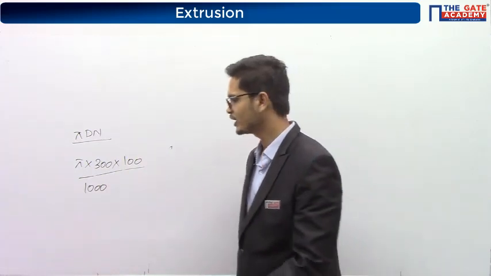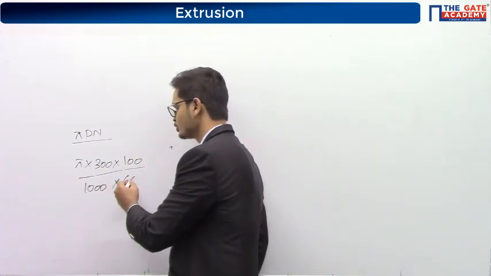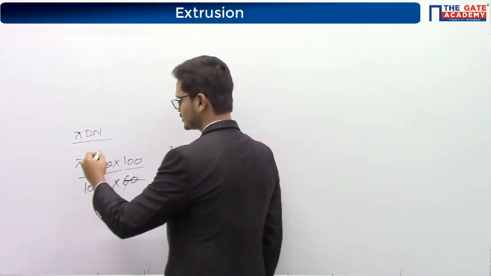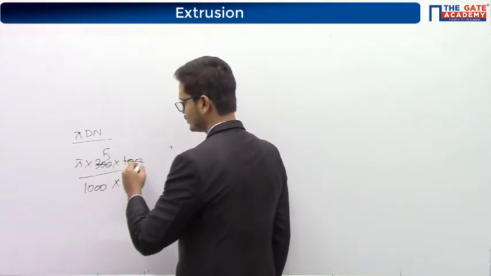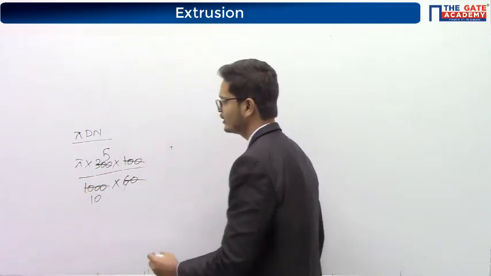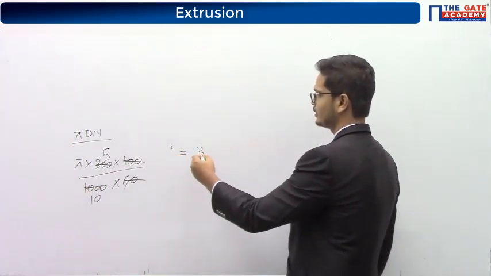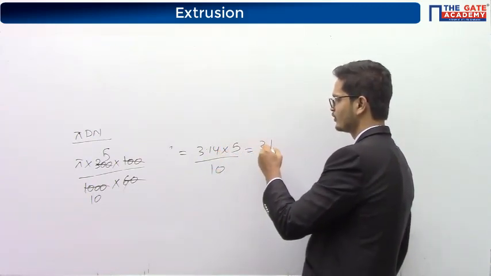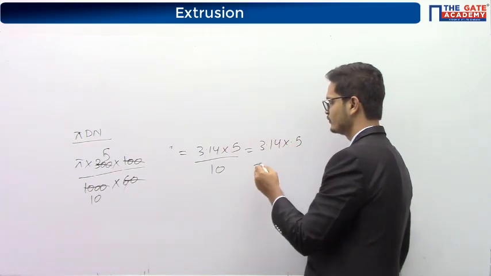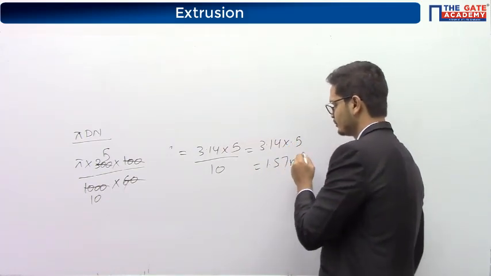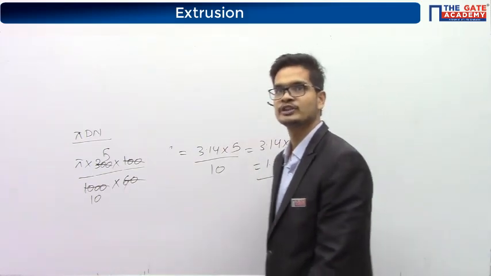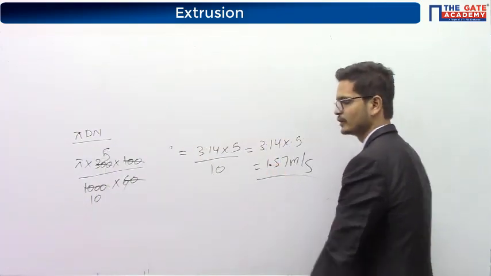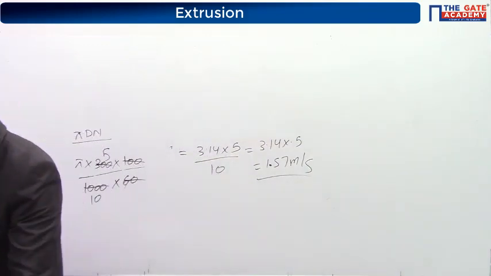So revolution per minute has to be converted into revolution per second, so it will give you 60. So it will be 3.14 into 5 by 10. 3.14 into 0.5, it is 1.57 meters per second. Okay, this point is not visible. 1.57 meters per second.